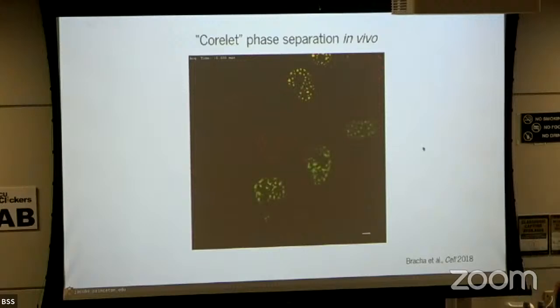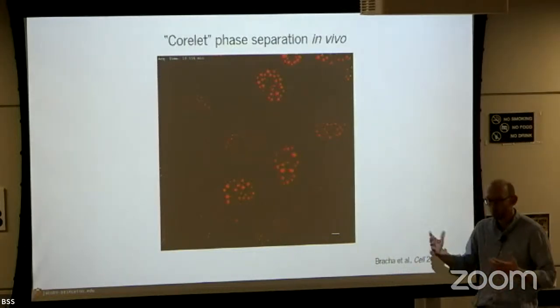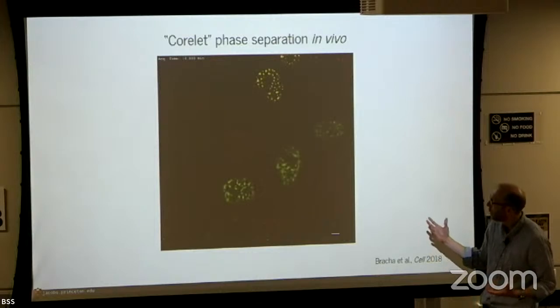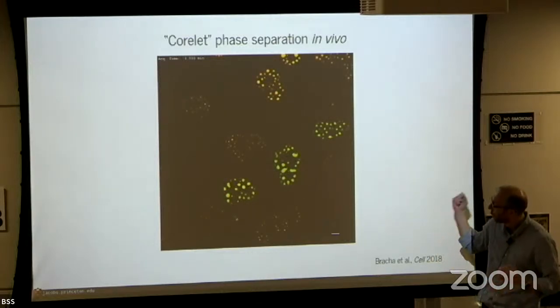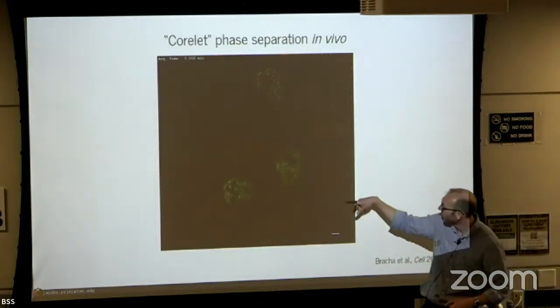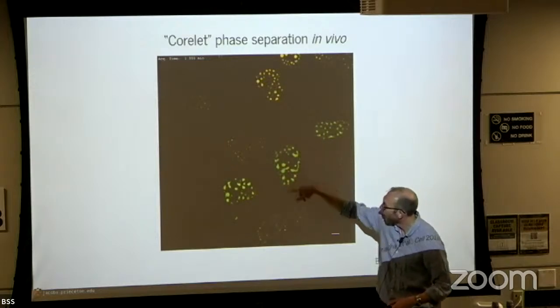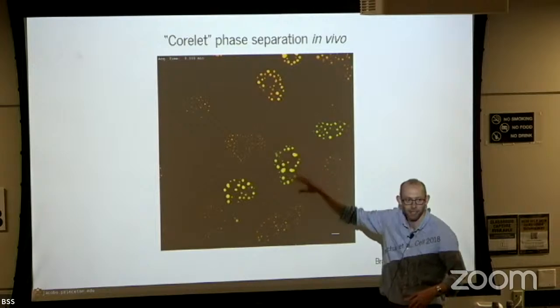This is a very cool engineered phase separating system that is controllable by shining light onto these cells. And the key thing to remember is that all of this is taking place in living cells. You can see that here the outline is essentially the outline of the cytoplasm.